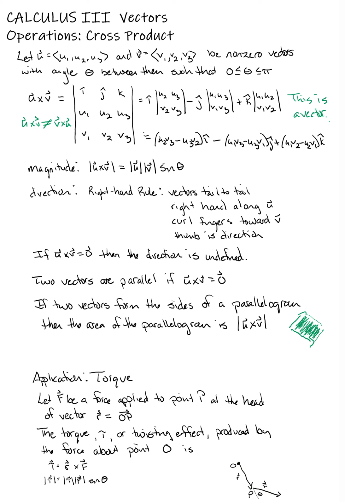Now we know how to calculate the magnitude of that torque. But if I want to find the direction of it, remember the right-hand rule. I would place my hand along this vector OP, which is vector r. Notice my fingertips would be toward P, and then I would curl those fingertips toward the other vector, F.